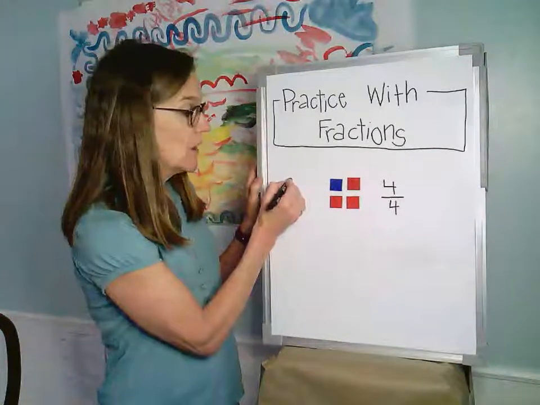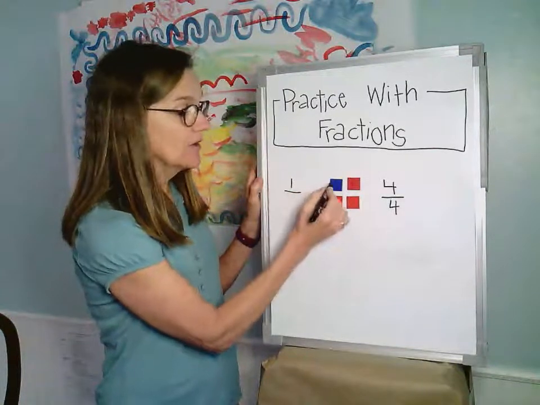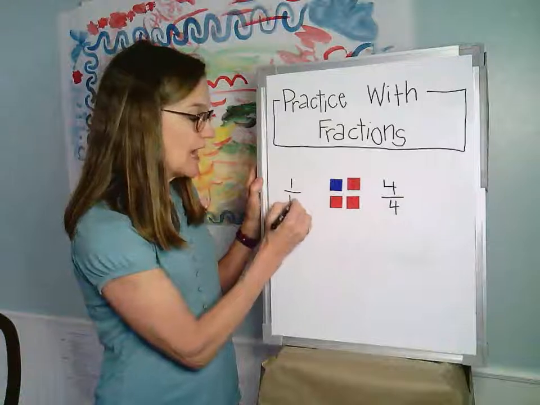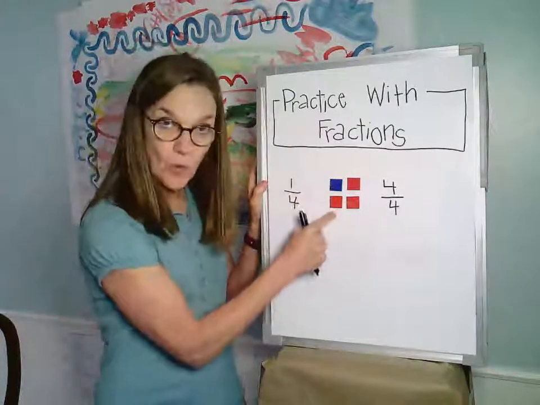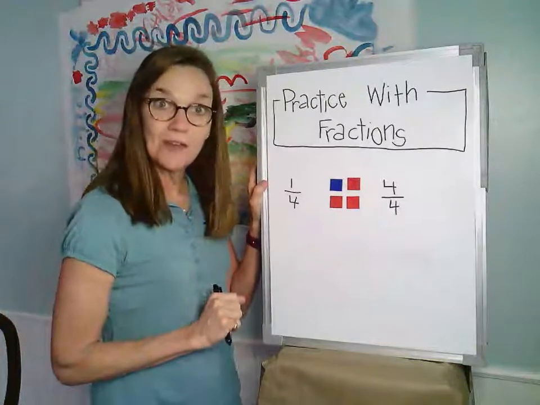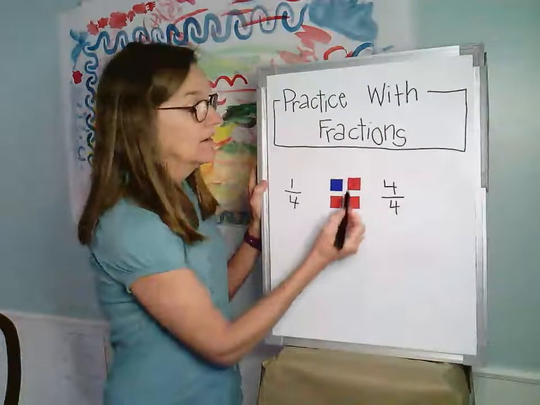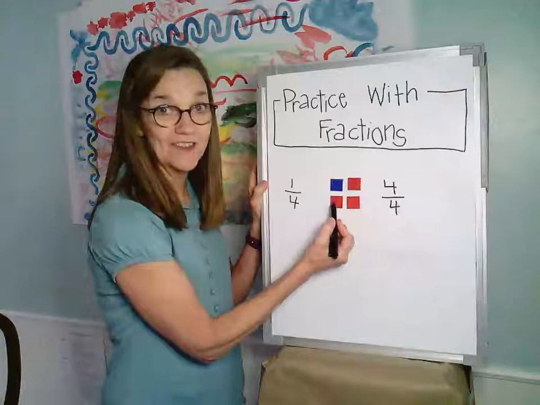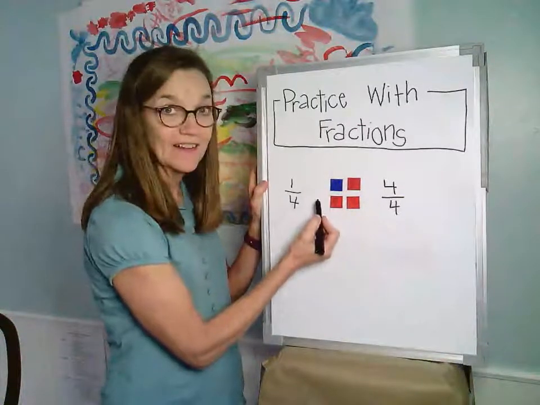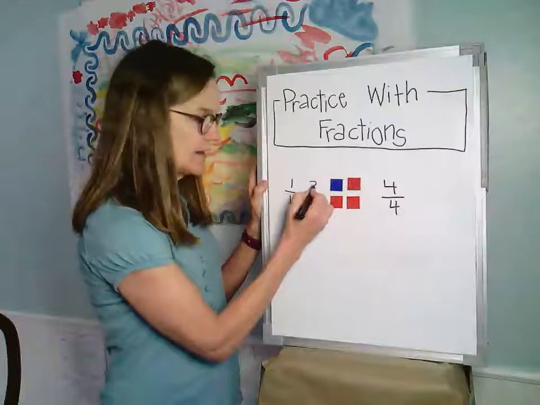Well, I only see 1 blue tile out of 1, 2, 3, 4 tiles. So that's 1/4, or 1 out of 4. How many of the tiles are red? 1, 2, 3. So what fraction is that of the whole set? 3/4.